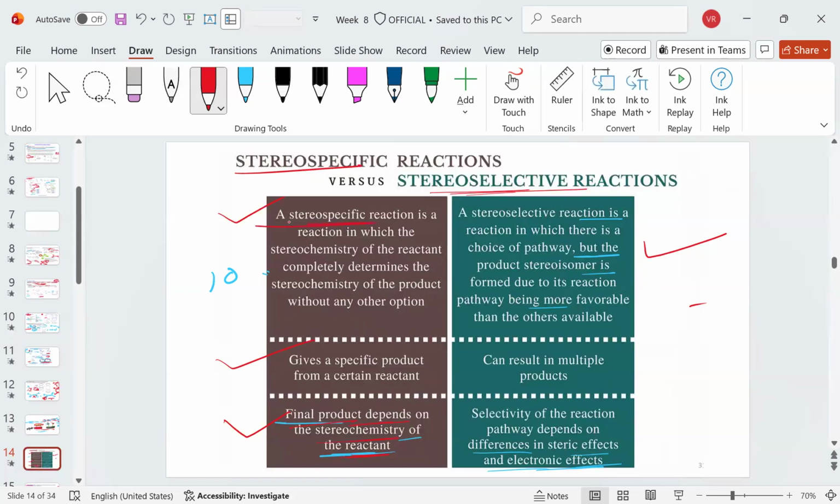The difference is that in the specific, we are getting only one product formation, but in the selective, we are getting the major and the minor product formation. In the stereospecific reaction, the formation of product depends upon the stereochemistry of the starting material. However, in the stereoselective, there will be a dependency on several factors, as seen earlier.